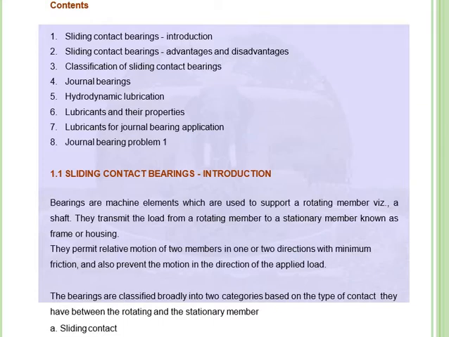It is a stationary member fixed in a frame or housing, under the relative motion of two members in two directions, with minimum friction. I already discussed that the bearing reduces friction and also prevents motion in the direction of the applied load.